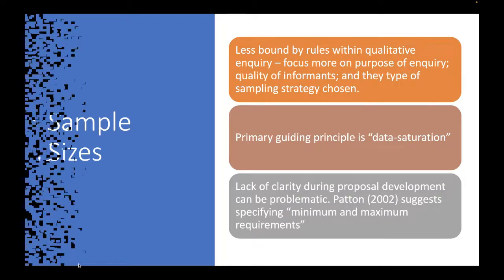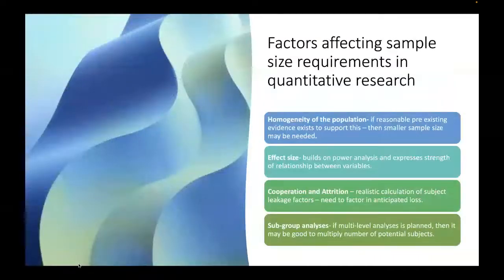So the phenomenon you're studying looks like it's attended to. Now, there are some things, and I've just put this on here for the fact that there are factors that normally come up. So when you are doing sample size determination in quantitative research, there are a few things that you should be aware of. First is the homogeneity of the population.